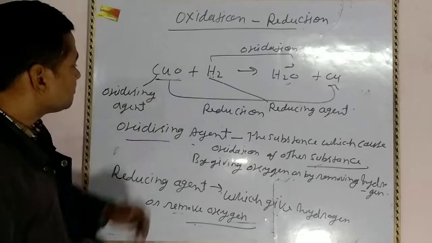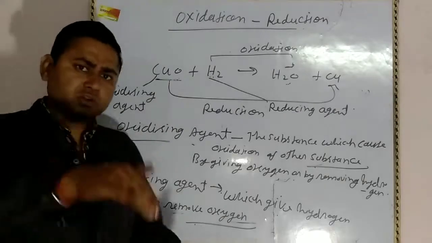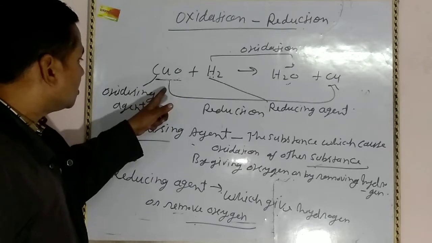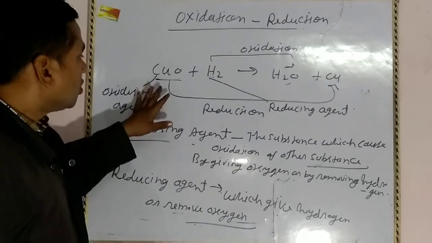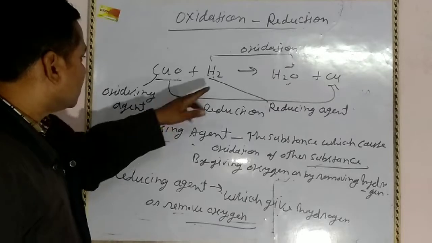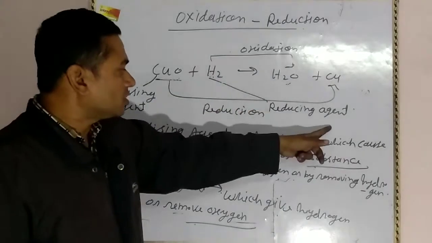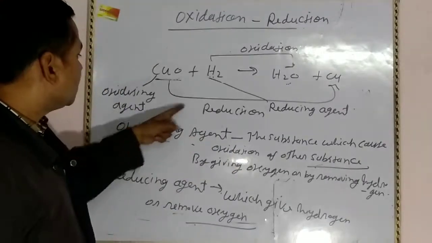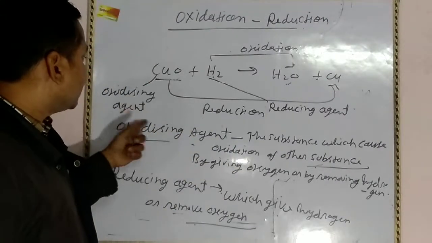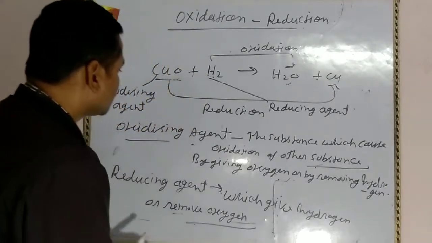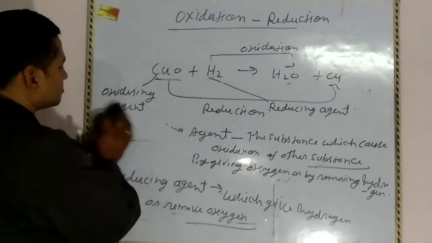So have you understood? In another word, you can say the compound in which oxidation has occurred acts as a reducing agent, and the compound in which reduction has occurred acts as an oxidizing agent. So you can write here another definition.